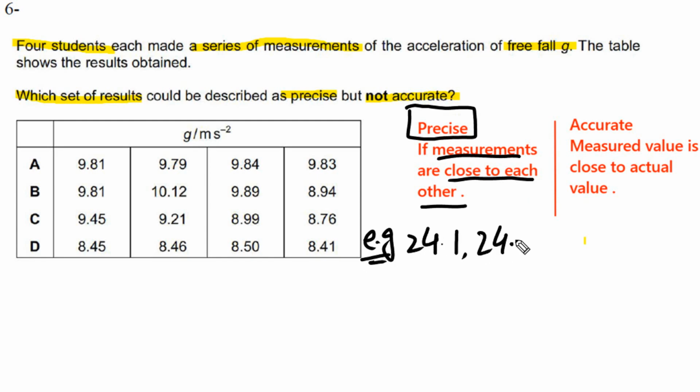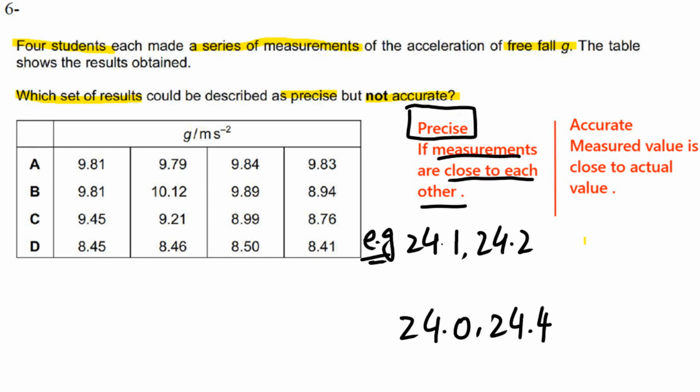Let's say one set is 24.1 and 24.2. Another set of data is 24.0 and 24.4.